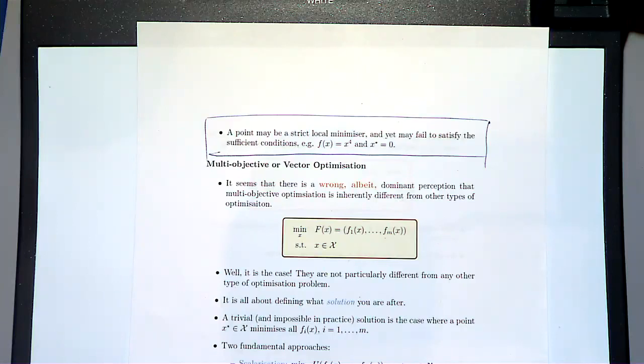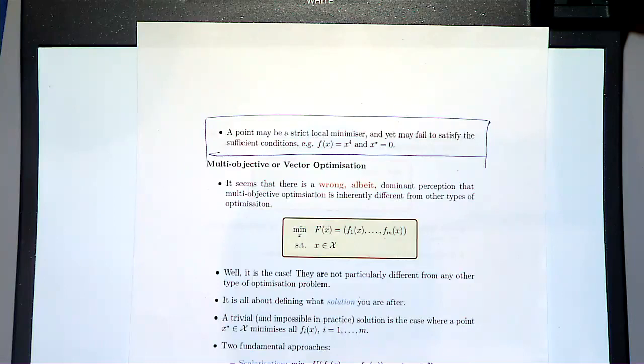An example is this. For example, a quartic function in x, we know the minimum is at x equal to 0, but if I evaluate the Hessian there, it is 0. So it doesn't satisfy the sufficiency test.